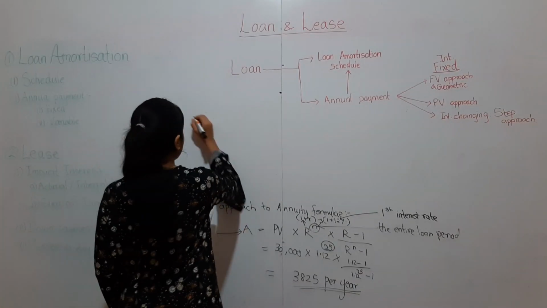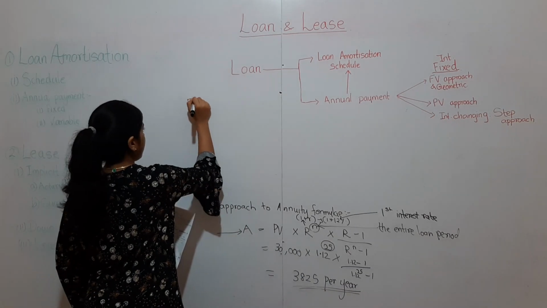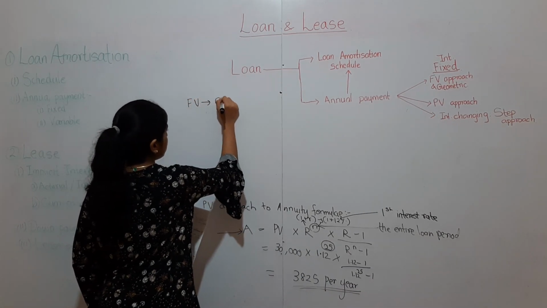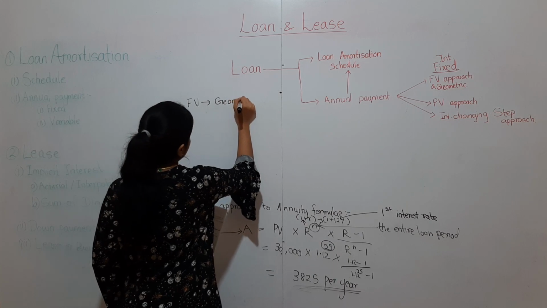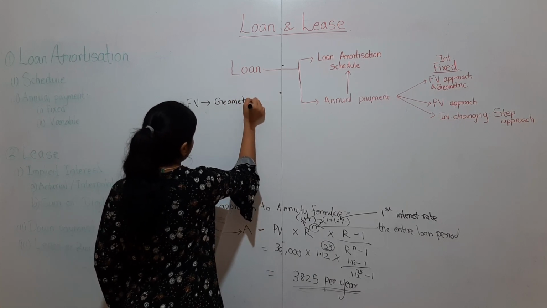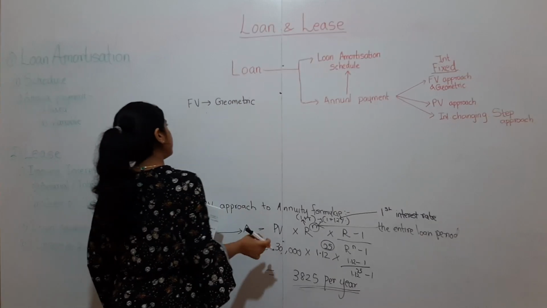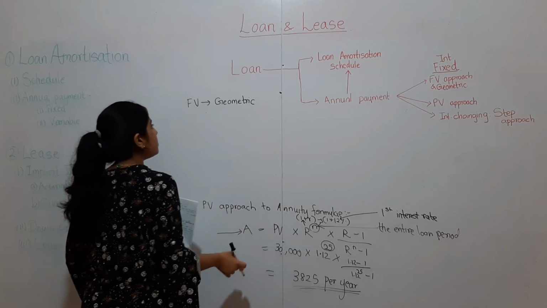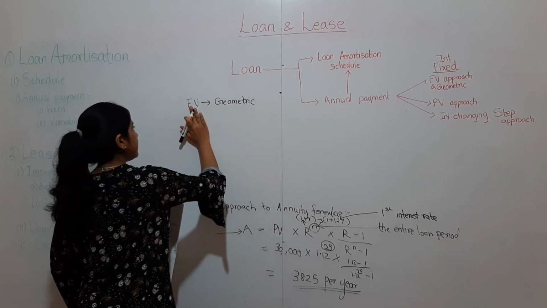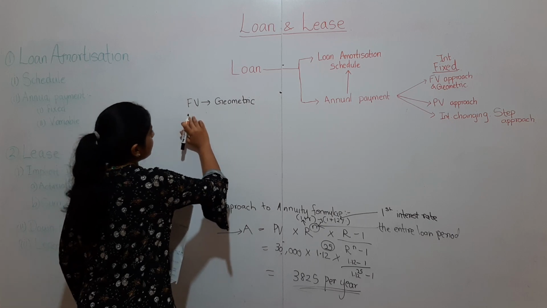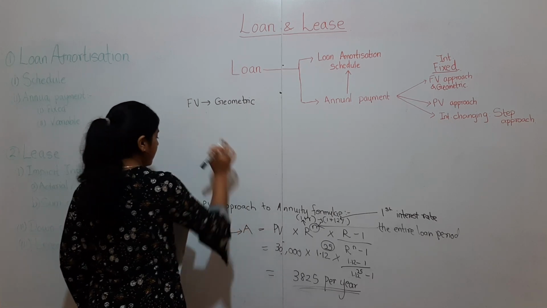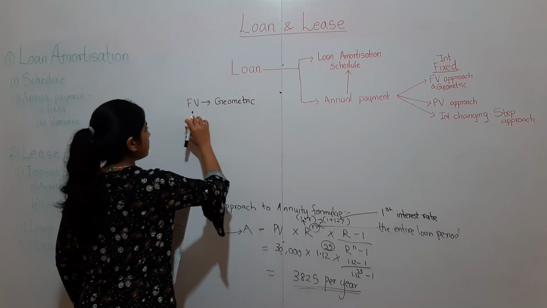So the future value formula, we are going to use the geometric expression, because we have to use the monthly cash flow to find the future value. The direct future value formula itself doesn't have the monthly or the annuity value in it.